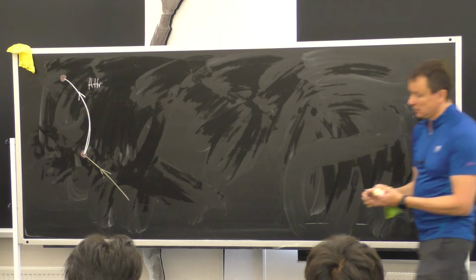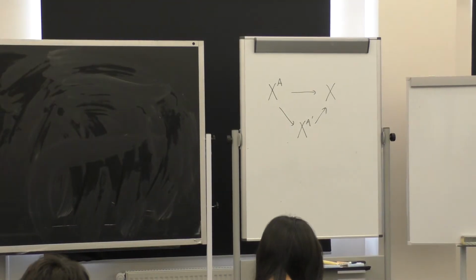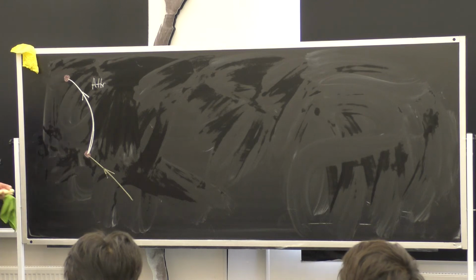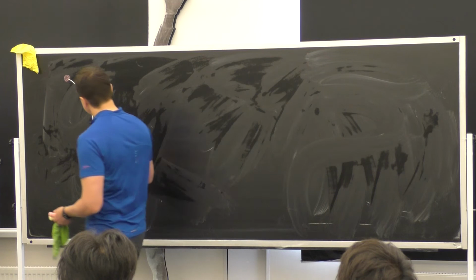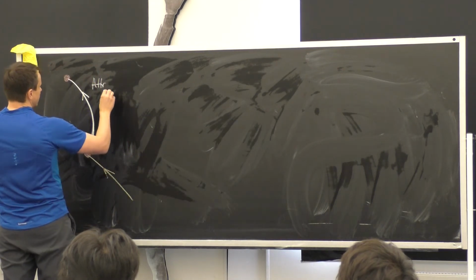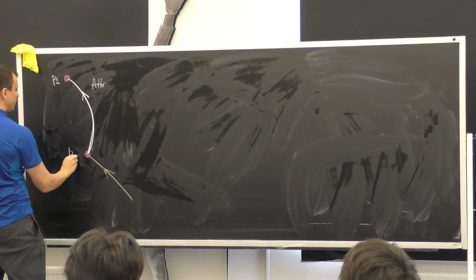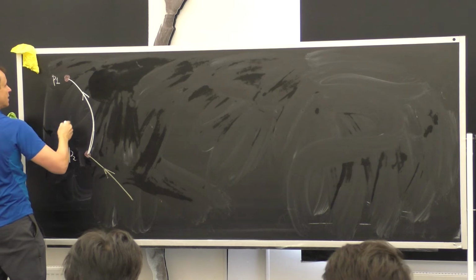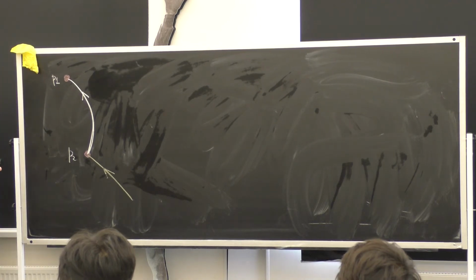So we would like to add some multiple of this. Which multiple should we add? Maybe there is a point P1 and a point P2, and we want to construct what is called the stable envelope.